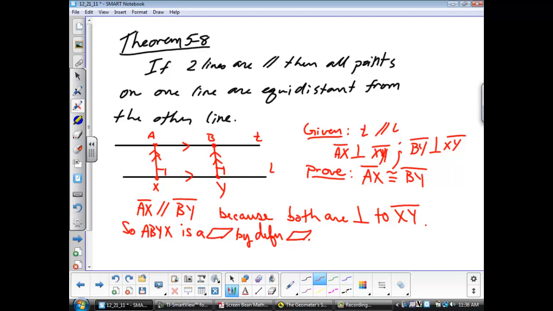Since it's a parallelogram, opposite sides have to be congruent. By Theorem 5.1, opposite sides of a parallelogram are congruent. So I can prove AX is congruent to BY by Theorem 5.1.